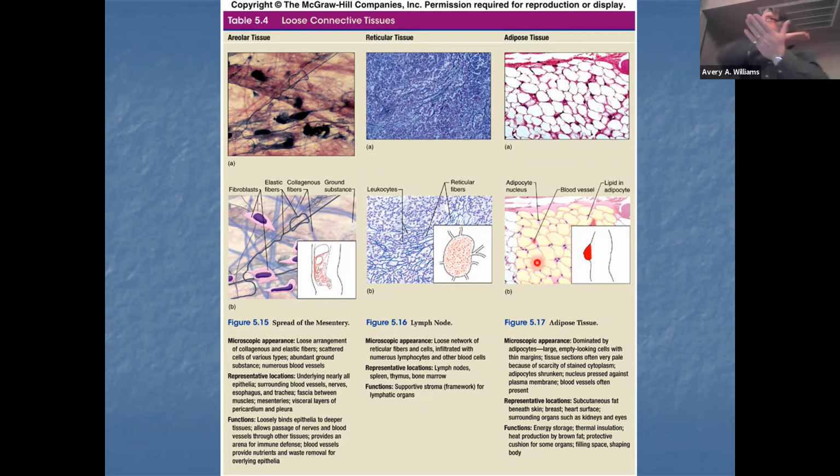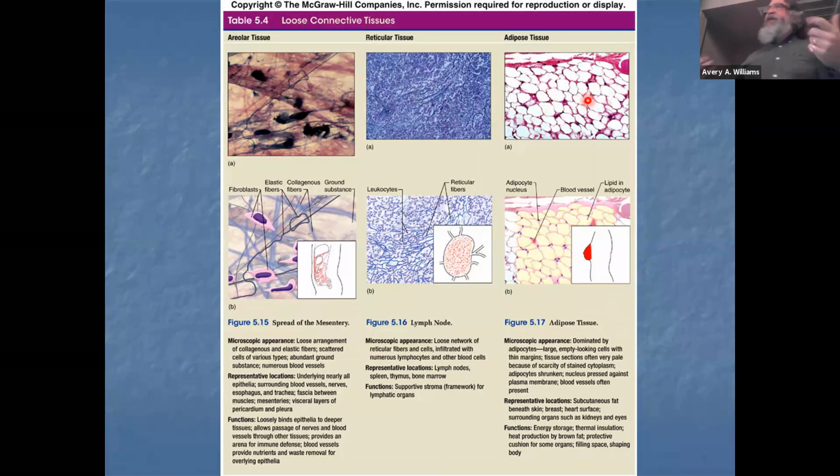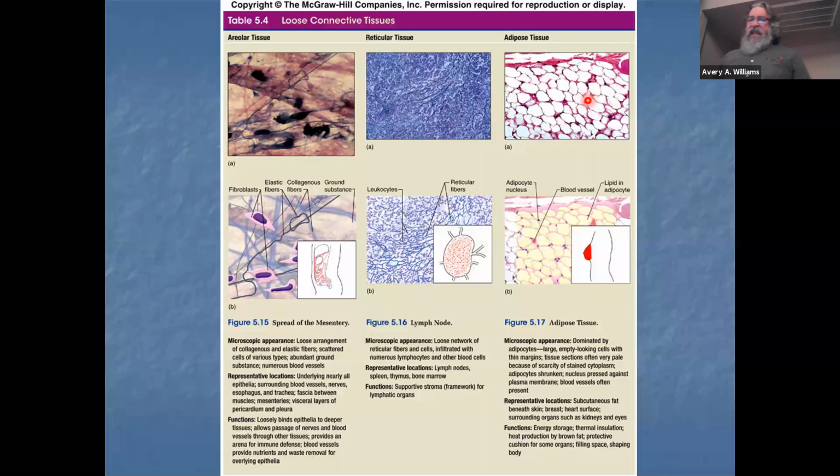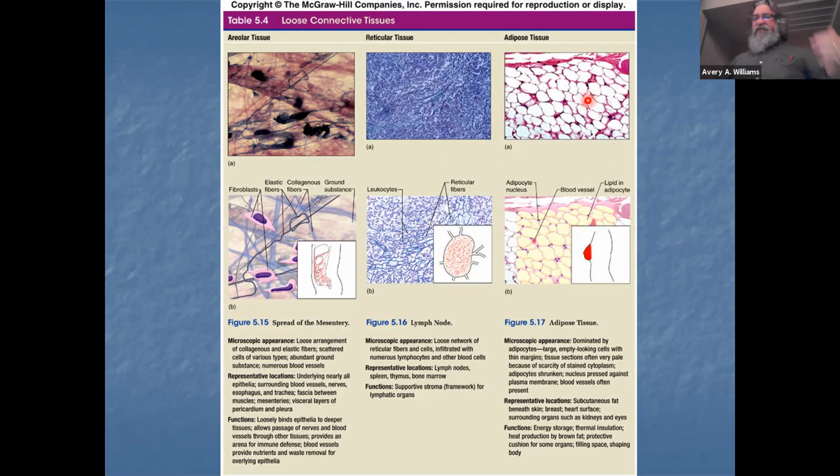But when you make a slide, you cut through it, and all that spills out. So these are just vacant adipocytes. There's no lipid in them. And lipid would be oily. If you handle fat, your hands feel greasy or oily. That's that lipid. And so where do you find this kind of connective tissue?